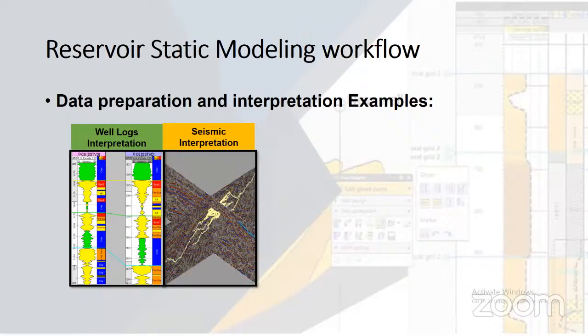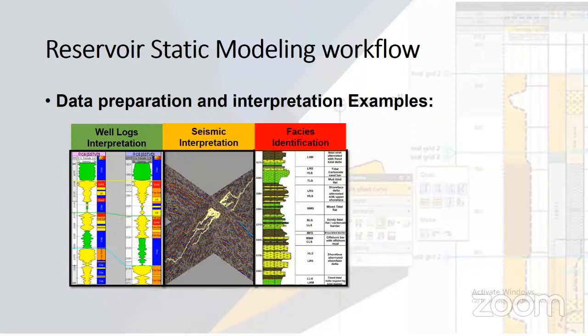For the seismic data, we will do seismic interpretation, which means that the geophysicist will use the seismic data to interpret and depict the surfaces and the fault locations in the field. So we will know the depths at which every well will penetrate the surface or the reservoir by using the seismic interpretation.